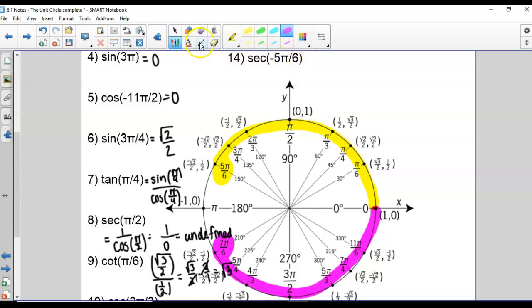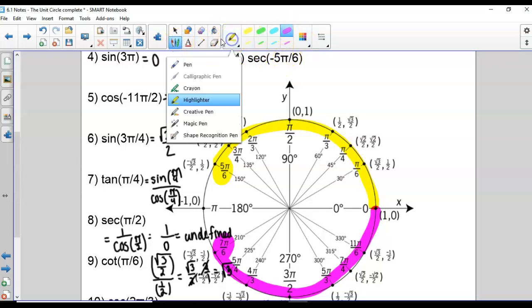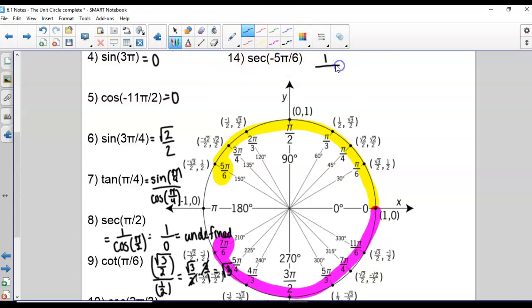And so we're looking for secant. Secant is 1 over cosine. And so cosine at 7 pi over 6 or negative 5 pi over 6 is our x coordinate, so it's negative square root of 3 over 2.